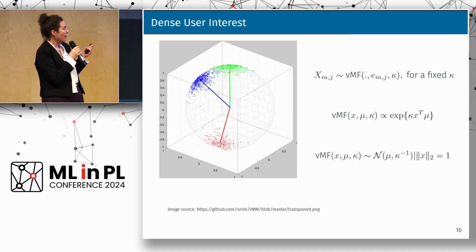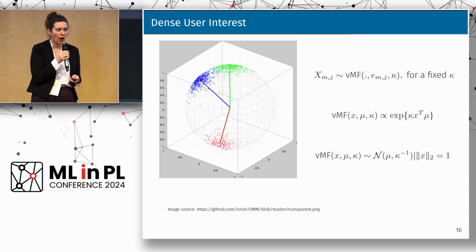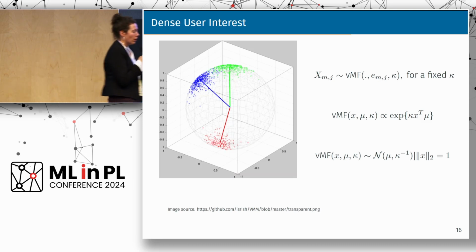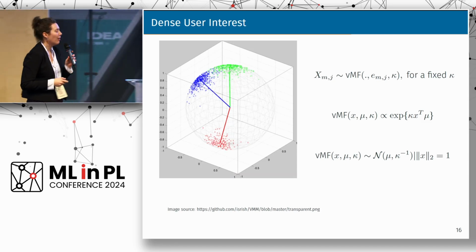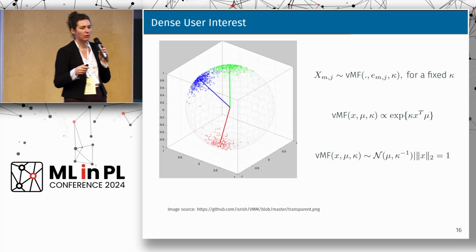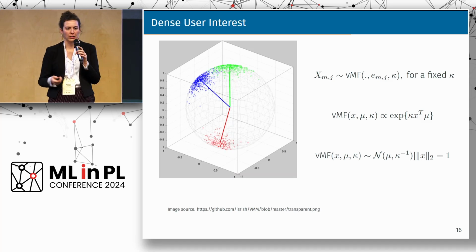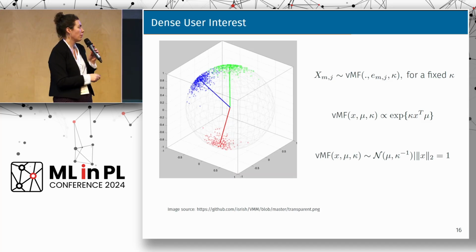So we fix the spread by some hyperparameter tuning. We assume that the distribution of the random variables is the von Mises-Fisher distribution, which is quite strongly related with Gaussian distributions. So it can be seen as the Gaussian for the spheres as we work with spherical embeddings.